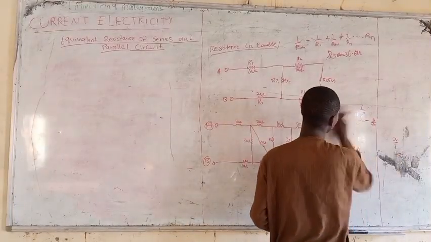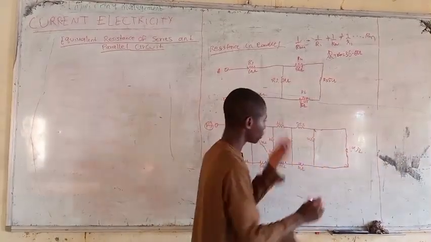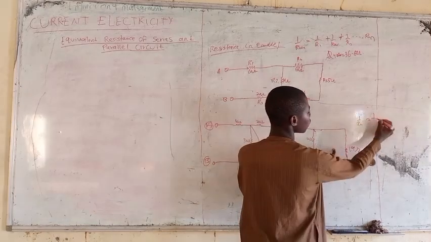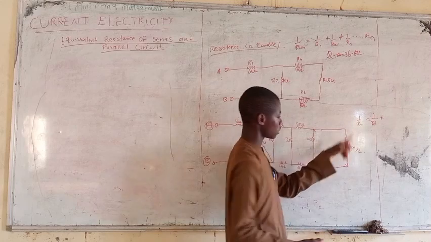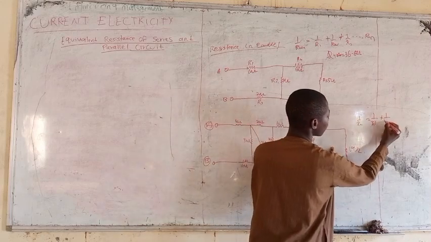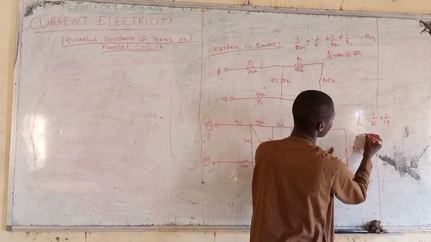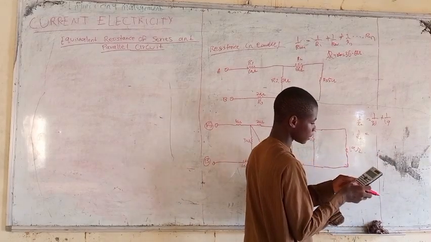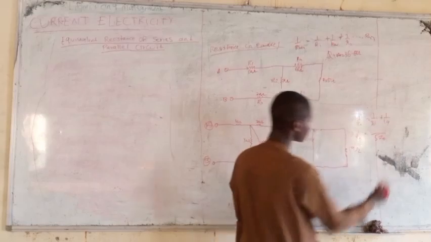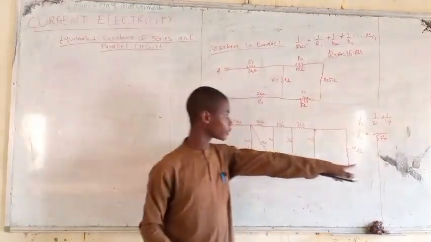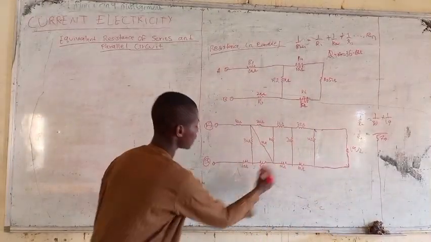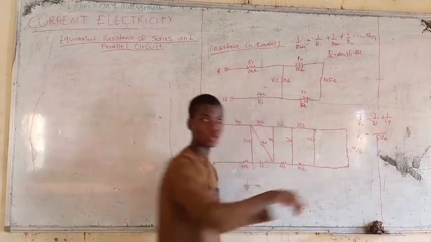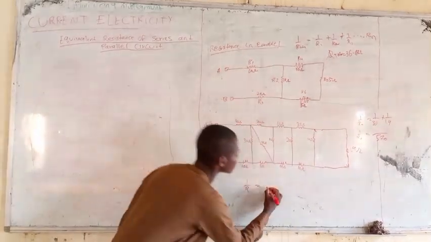Let's say 1 over R total is equal to 1 over 30 plus 1 over 19. The LCM between 30 and 19 is 570. 570 into 30 gives you 19, and 19 times 1 is 19.